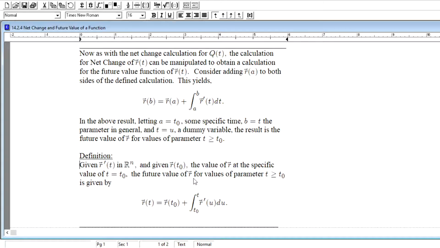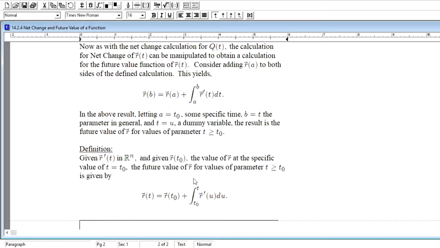Now, a equal to t null is that unit of time, though. Specifically, r bar of a is that specific observation of position at that specific unit of time. We see this given in the definition, this transformation given here.